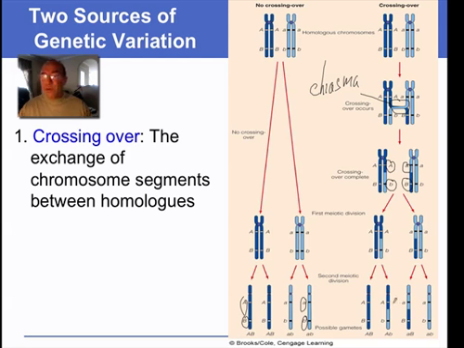Follow this through to the result of meiosis, and you end up not only with the parental combinations of genes, big A, big B, and little a, little b, but you also end up with a new combination of genes that's big A, little b, and little a, big B, and that's due to the process of crossover in prophase 1 of meiosis.